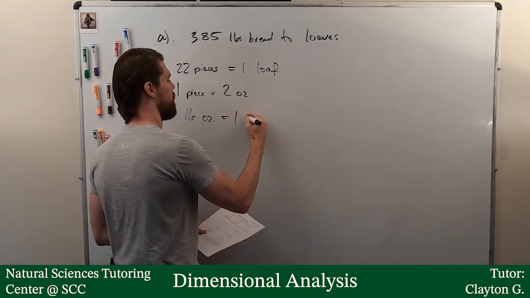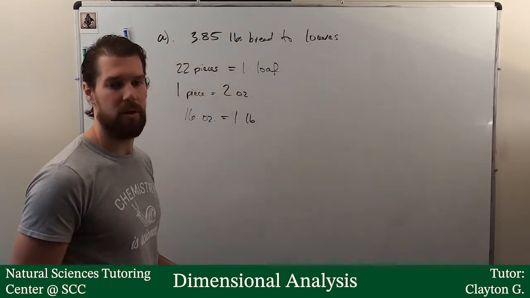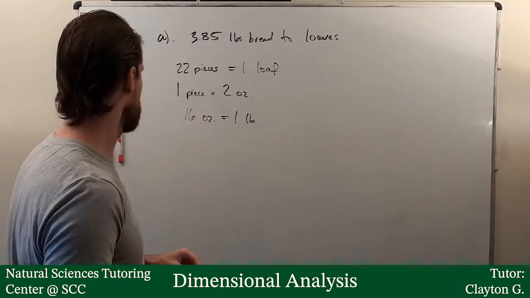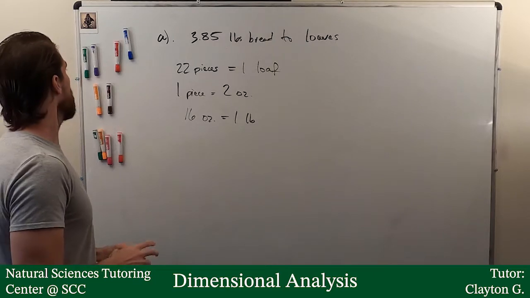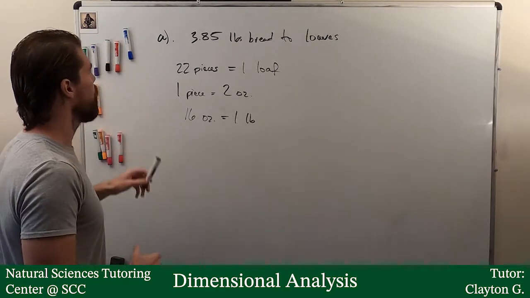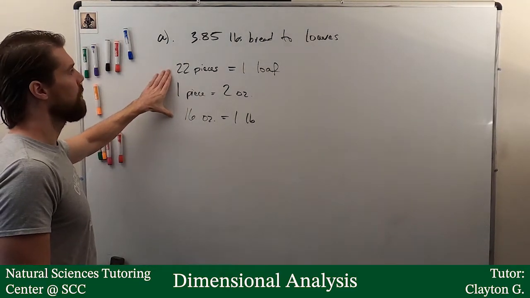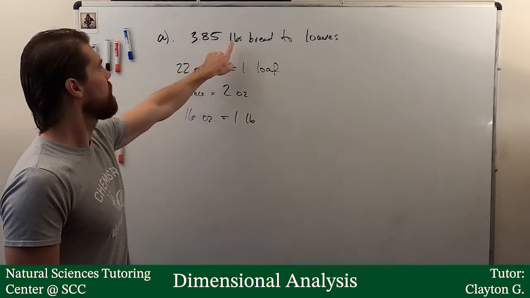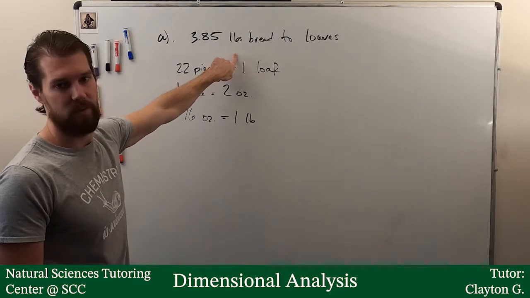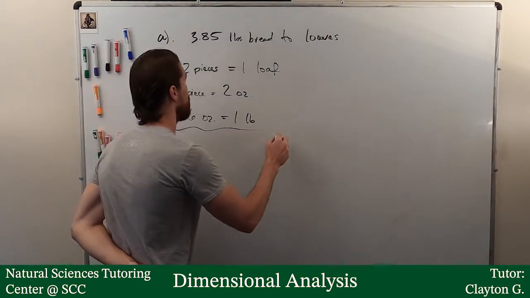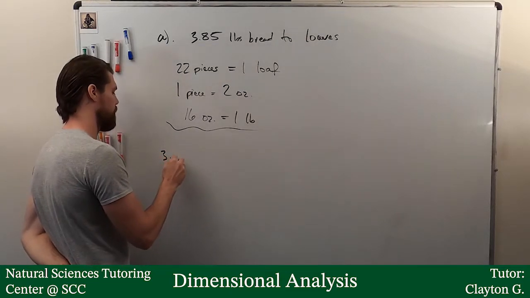That equals 1 pound. So the goal here with any conversion when you're using dimensional analysis, we are multiplying by 1. We're going to use these conversion factors in any way we need so that we can divide pounds by pounds. We need to make that equal 1. And so let's get started.